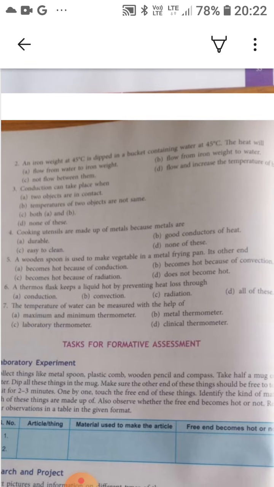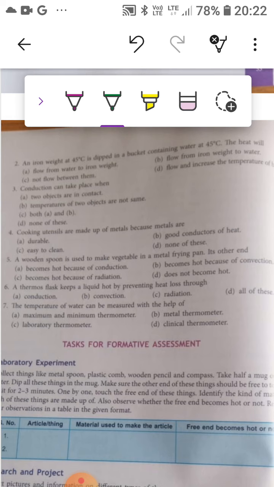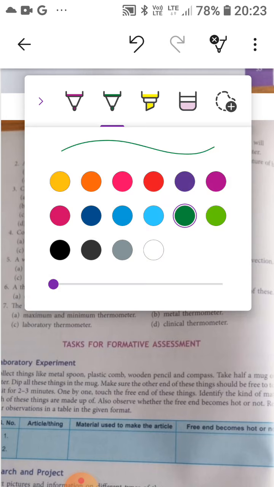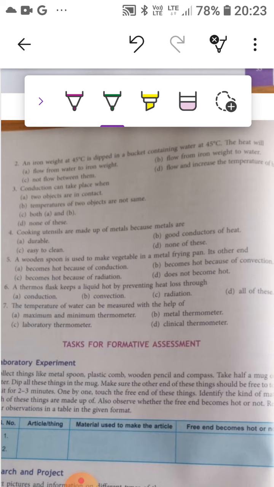The heat will, so both have 45 degrees Celsius temperature, so the temperature of both are same, and in this case heat will not flow between them. So option C is correct in 2.